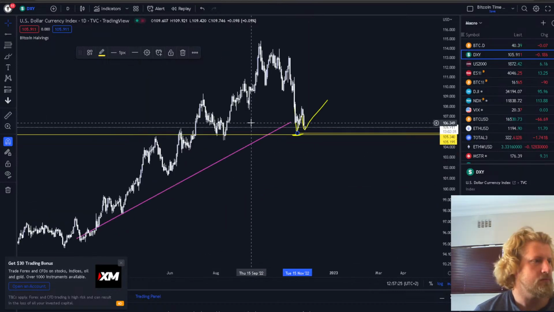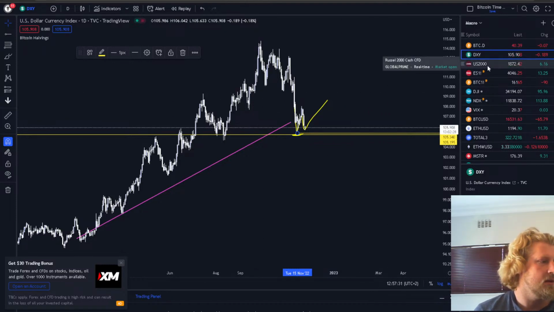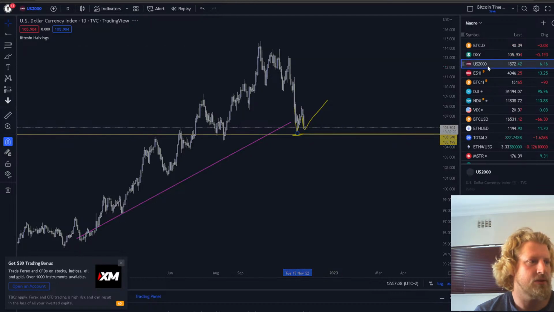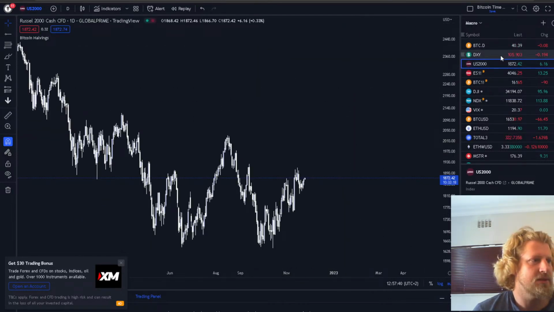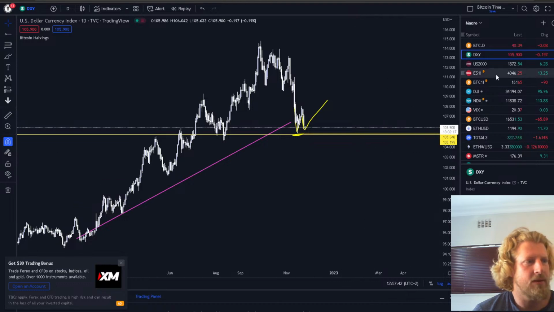105.34. Then you will see a continuation in the risk assets to the upside, because as large hedge funds and managers of lots of money see the dollar value going down, they will start looking for assets that have been oversold.